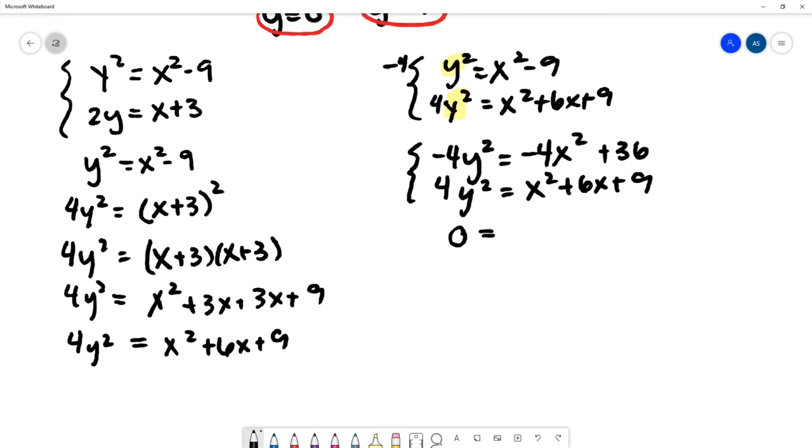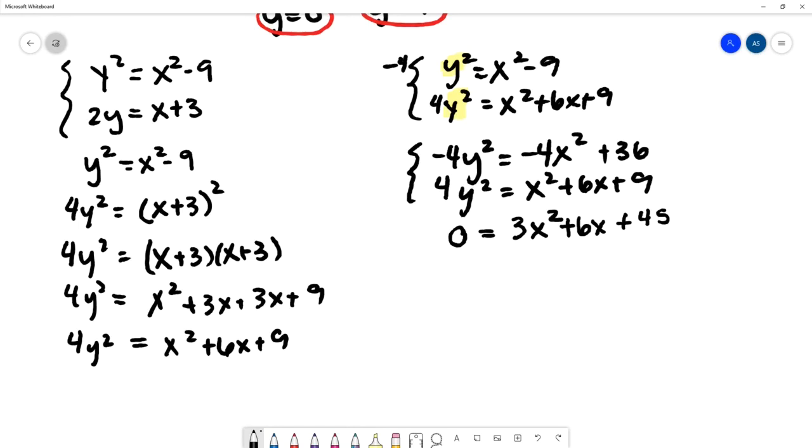Now I can add the equations together. The y variable eliminates. Negative 4y squared plus 4y squared is 0. Negative 4x squared plus x squared is 3x squared. Then I have a 6x, and 36 plus 9 would be 45.